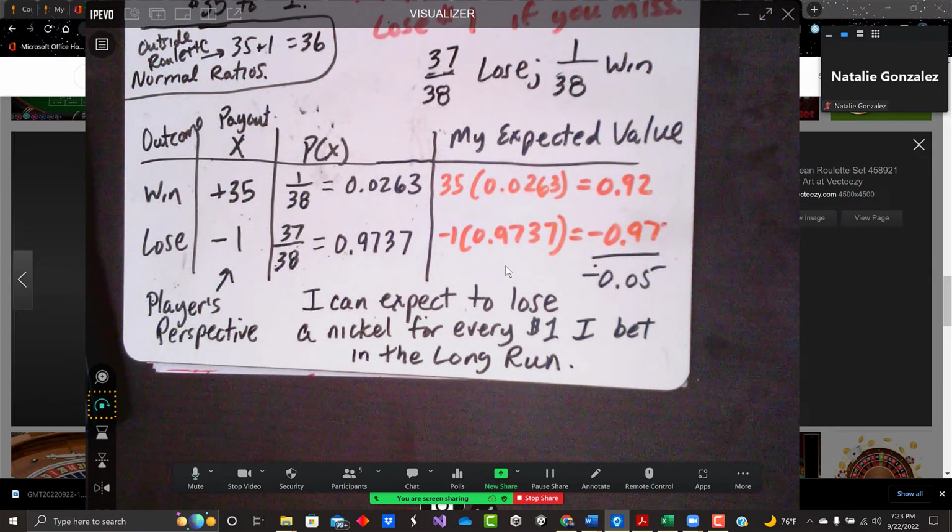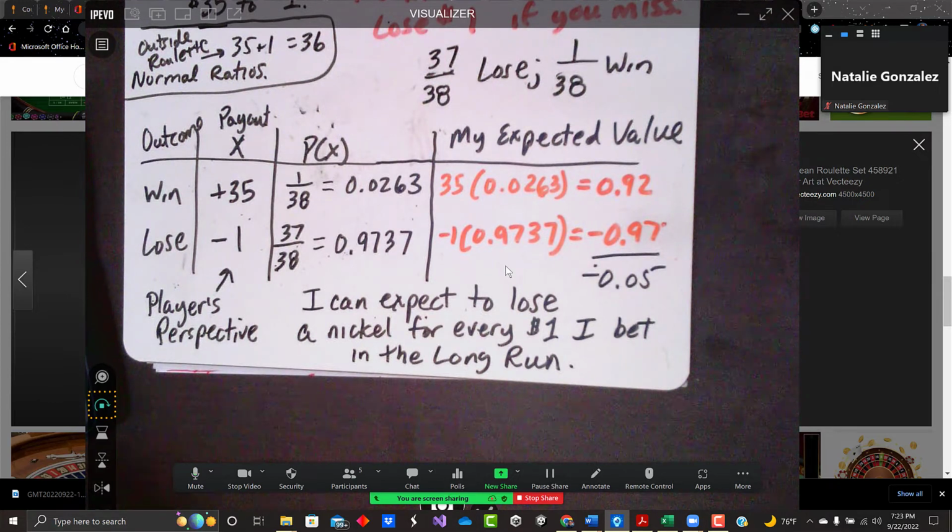Casinos frequently put caps on bets. You can only bet up to a certain max because they don't want someone coming in and betting $1 million and the player wins. They're happy if the player loses, but every once in a while it happens.